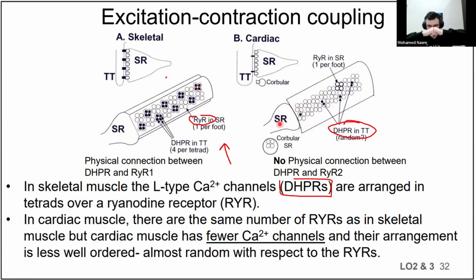They're not touching each other. So the calcium gets inside the cell, and some of that calcium binds to this ryanodine receptor for the whole SR to release its components. So just know: skeletal muscle, there is physical connection. Cardiac muscle, there is no physical connection. Just pure memorization. Honestly, I don't think there's any concept here to explain, so I'm just going to move to the next slide.